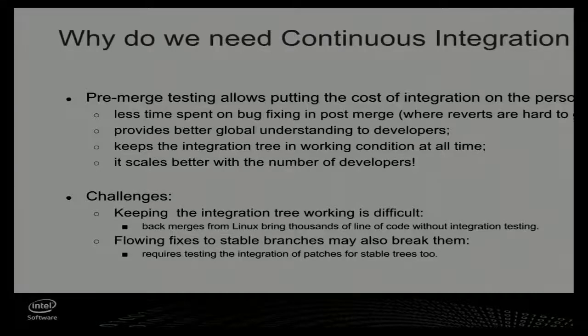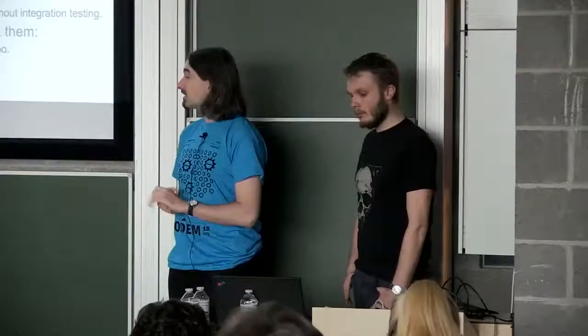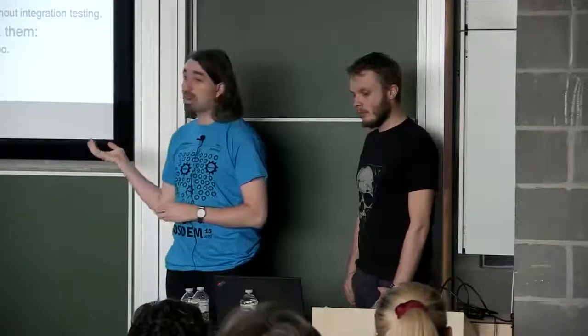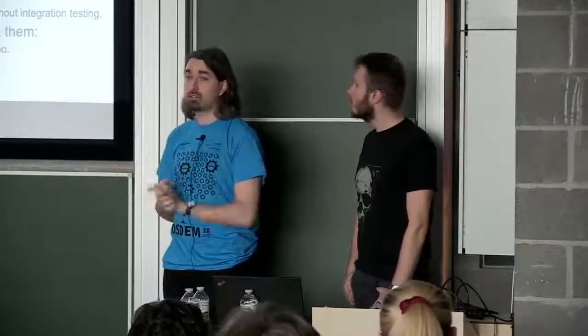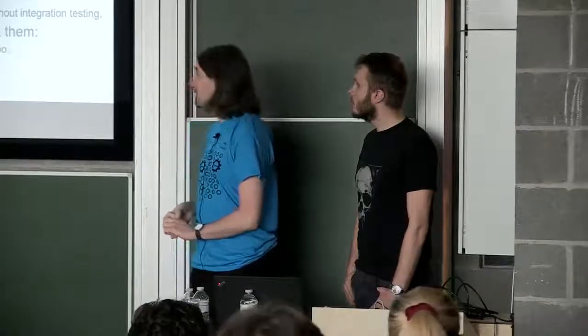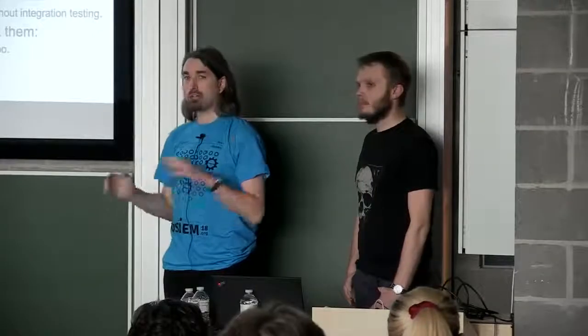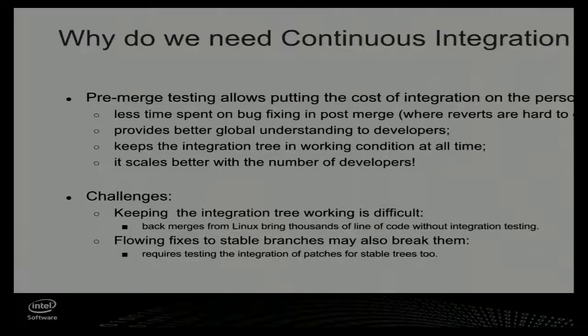Okay, so now, of course, it's all nice and good in theory, but what are the actual challenges that you get out of this? Well, keeping the integration tree stable is indeed very difficult because whenever you get a back merge from Linux or from an integration tree, you can get thousands of lines of code, even more, coming into the integration tree that have not been tested, because other CI systems are not necessarily as thorough as what we do, or at least they don't concentrate on the workloads that we care about.